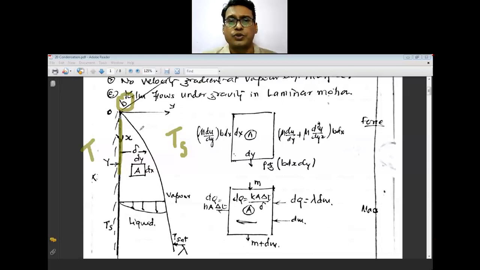This new additional vapor which is getting condensed at this point adds to, or accumulates with, the fluid rolling from the top, and that is why your delta increases from top to bottom. The direction considered is y in this derivation.